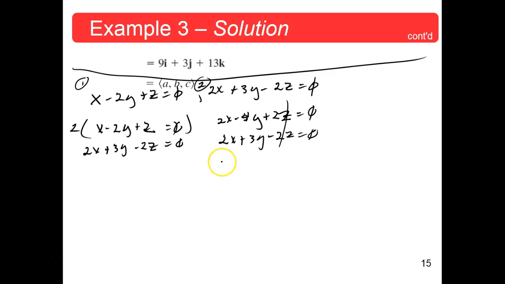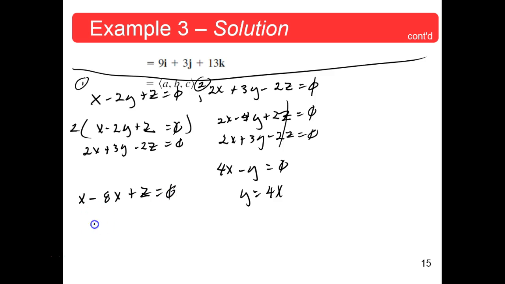Okay, so when you add these together, you get 4x minus y is equal to 0, so y is equal to 4x. All right, that's looking better. Plugging that back into, say, the first equation, that would be x minus 8x plus z is equal to 0.